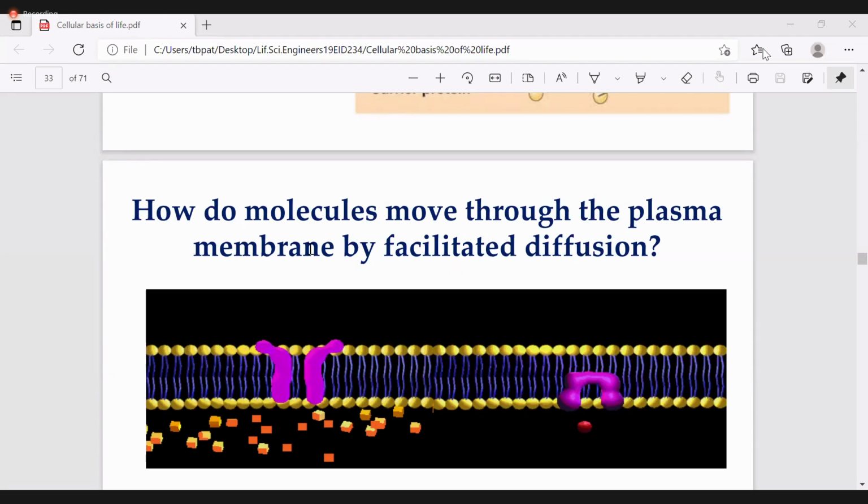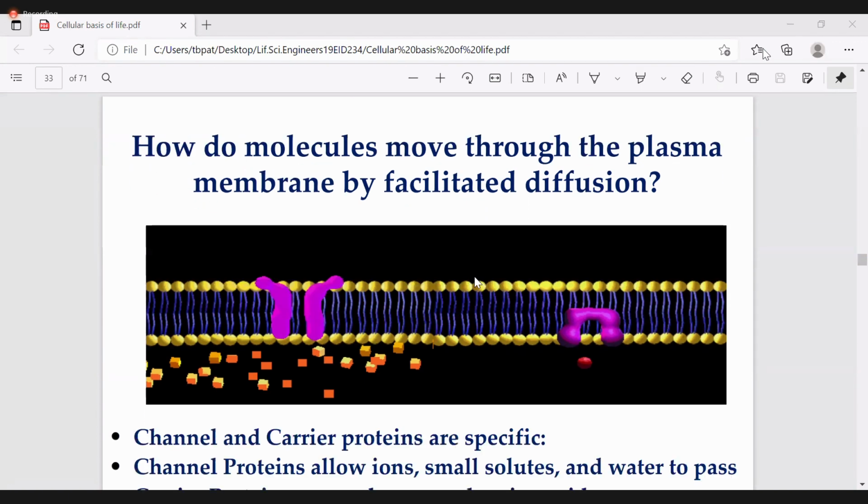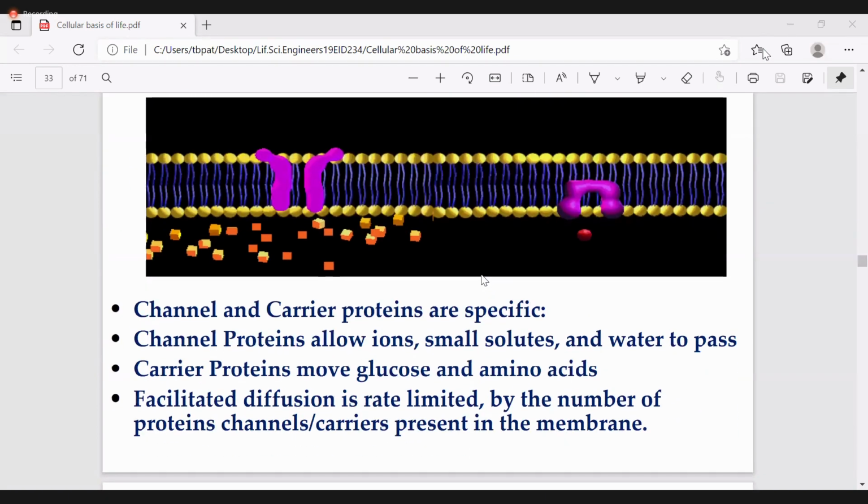How do molecules move through the plasma membrane? By facilitated diffusion. The channel or carrier proteins are specific. Channel proteins allow ions, small solutes, and water-soluble molecules to pass. Carrier proteins move glucose and amino acids.